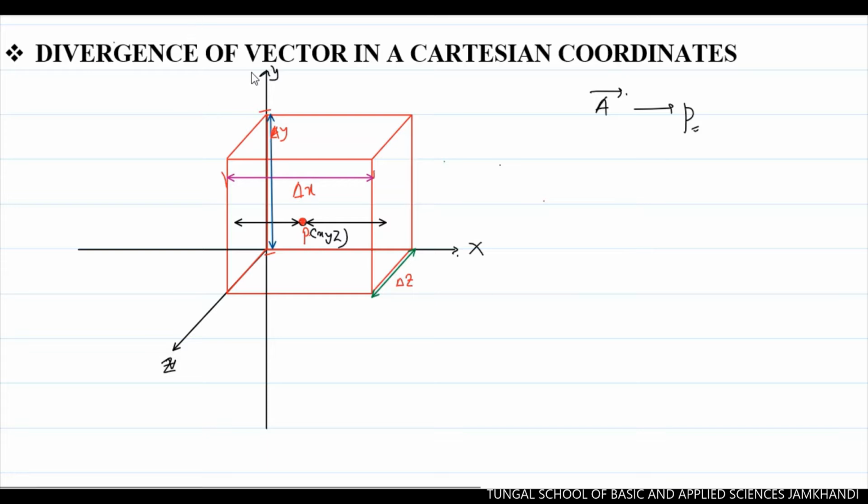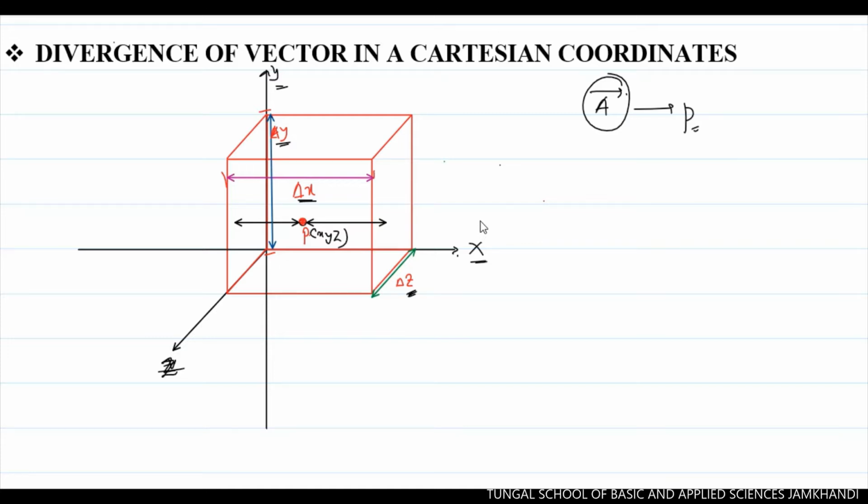Now, if I take this delta x, delta y, delta z as the edges of this parallel pipe, they are parallel to the respective axes. Here, this is the z-axis, and this delta z is also parallel to the z-axis. Delta x is parallel to the x-axis, and delta y is parallel to the y-axis. Now, I'll consider the vector A at that particular point P with the position x, y, z.